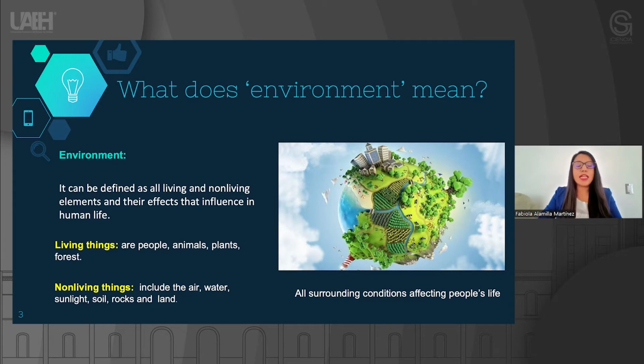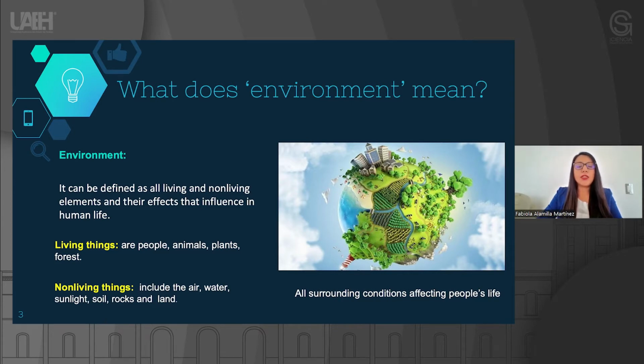The other element is non-living things, which include air, water, sunlight, soil, rocks, and land. Those are the things that make up our environment. So we may say that everything around us is our environment, right?